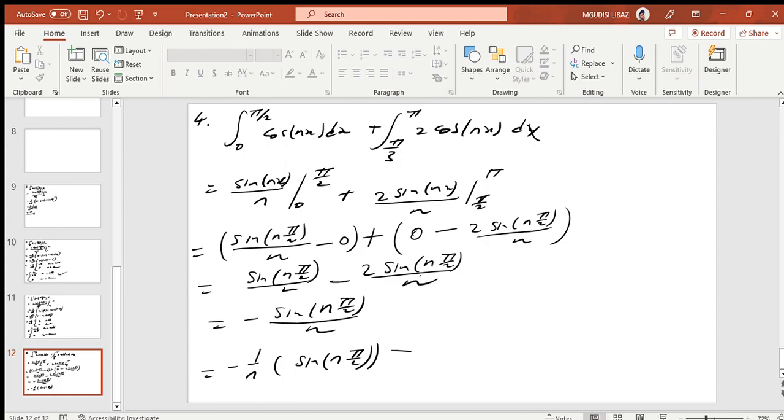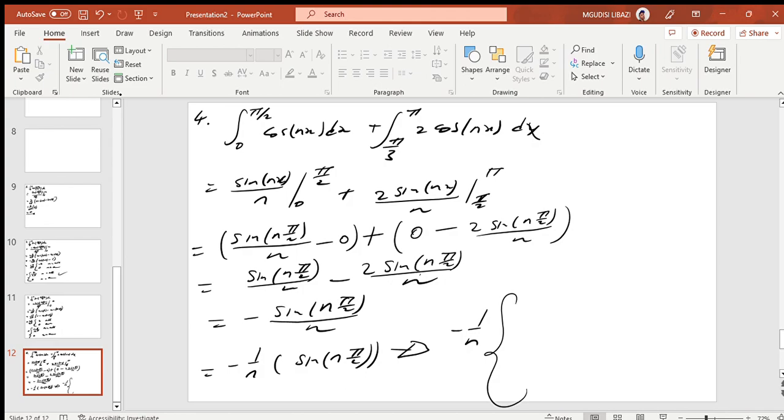Now we get 1 when we substitute n is equal to 1, and we get 0 when we substitute n is 2, and we get negative 1 when we substitute n is equal to 3.